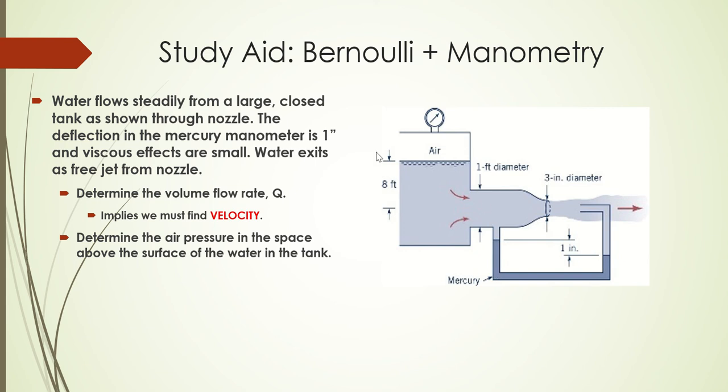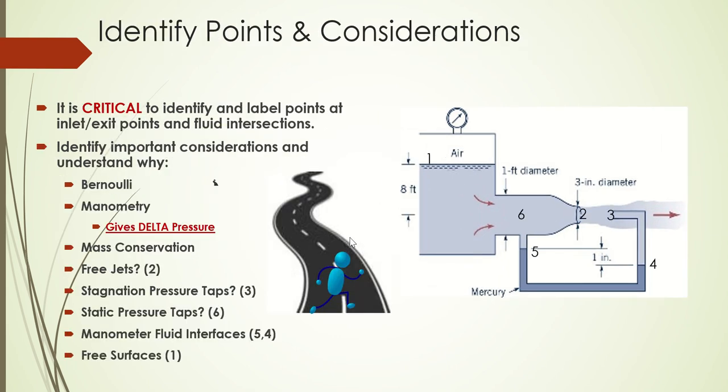So we have this water which exits from a free jet, and we want to determine the volume flow rate Q, which implies that we need to find the velocity, and determine the air pressure in the space above the surface water in the tank.